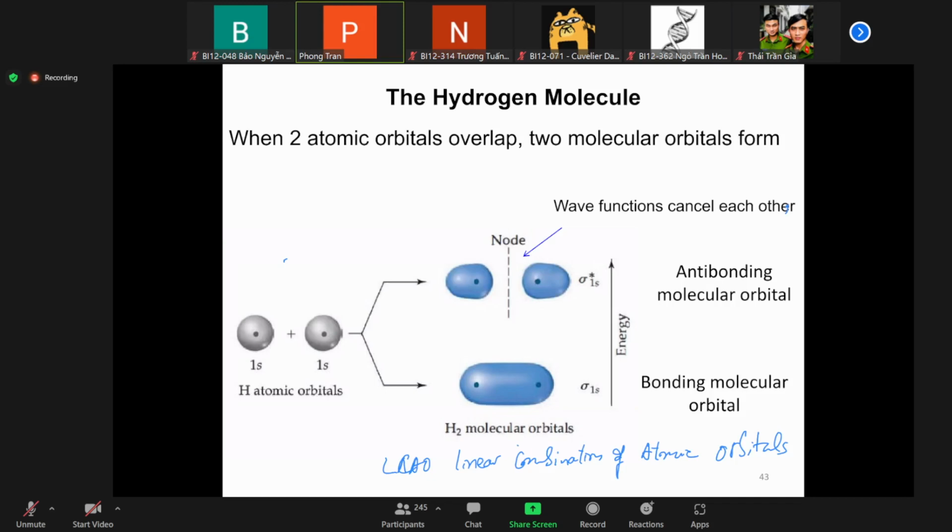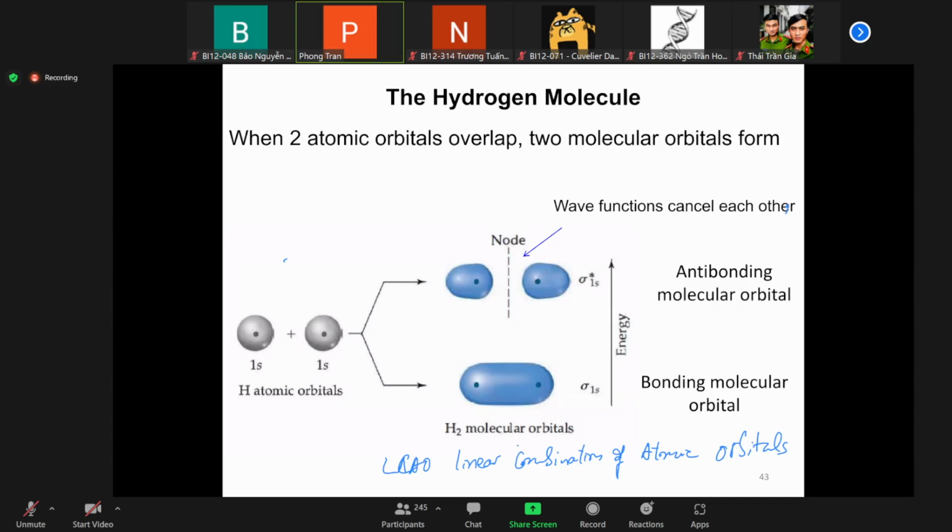Among the two orbitals, one is called the bonding orbital, which has lower energy than the atomic orbital, and a second orbital which has higher energy than the atomic orbital. We call it the anti-bonding molecular orbital. So one atomic orbital plus one atomic orbital provide two molecular orbitals.